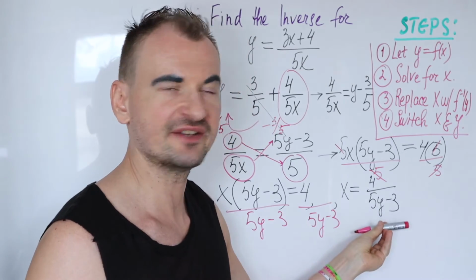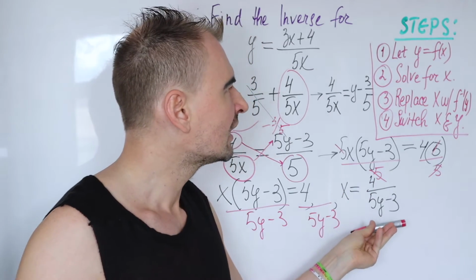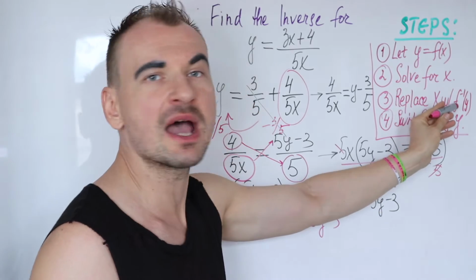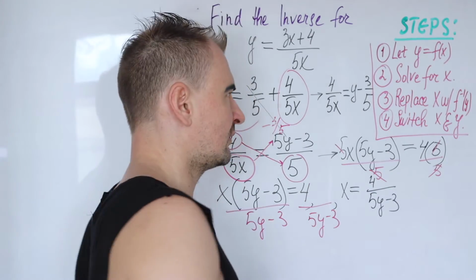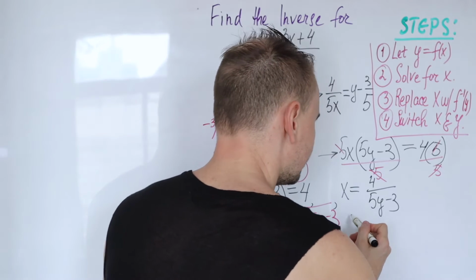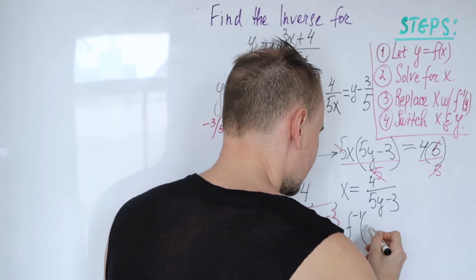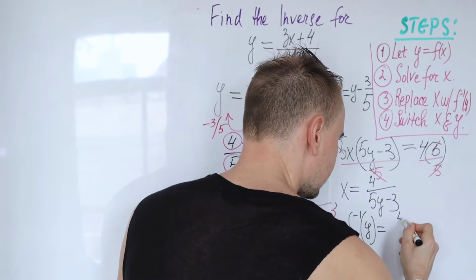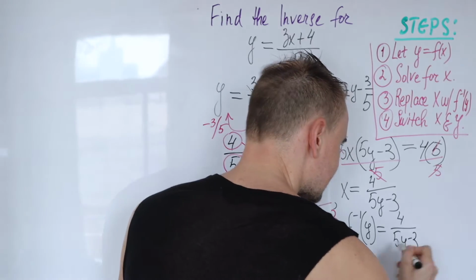We got this x. It's a fraction, it's okay. Now, you want to replace x with f superscript negative 1 of y. So it becomes f superscript negative 1 of y equals 4 over 5y minus 3.